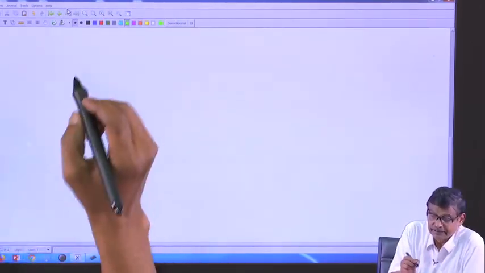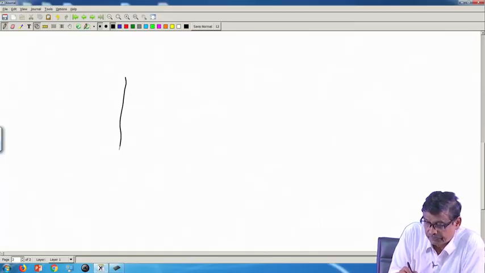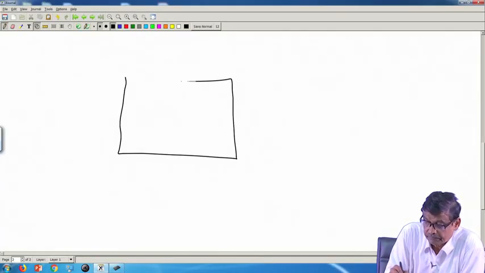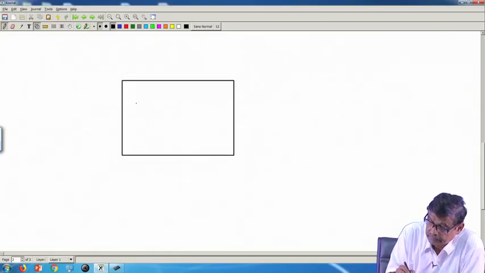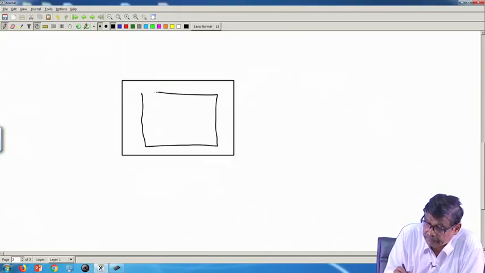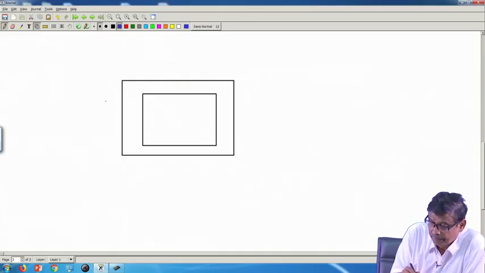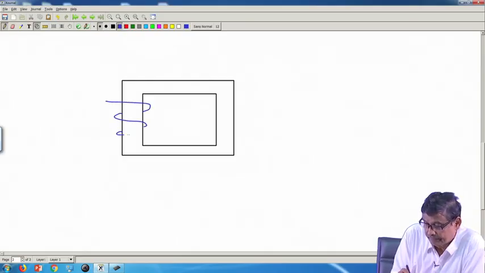If necessary, let me draw once again the same coil with N1 turns.